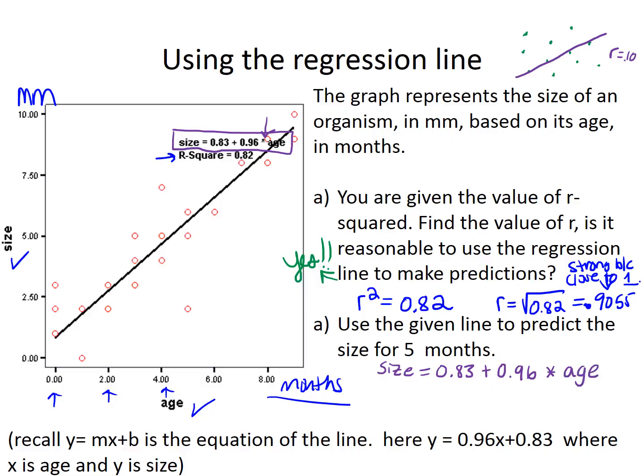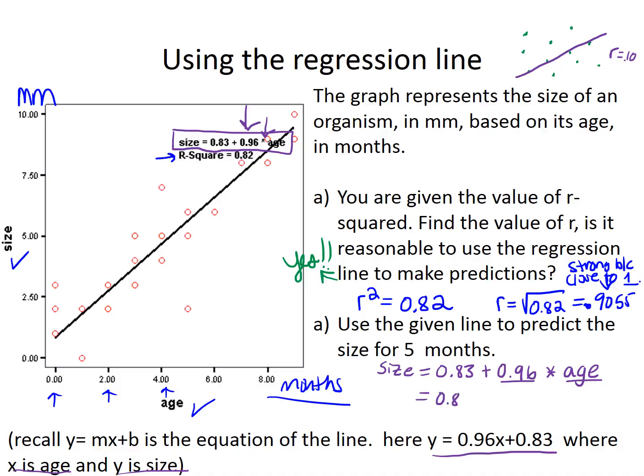Okay, so it says use the given line, and so Excel would output something like this. Recall that y equals mx plus b is the equation of the line. So it's just y equals 0.96 times x. X is age and y is size, plus 0.83, just rearranging that.